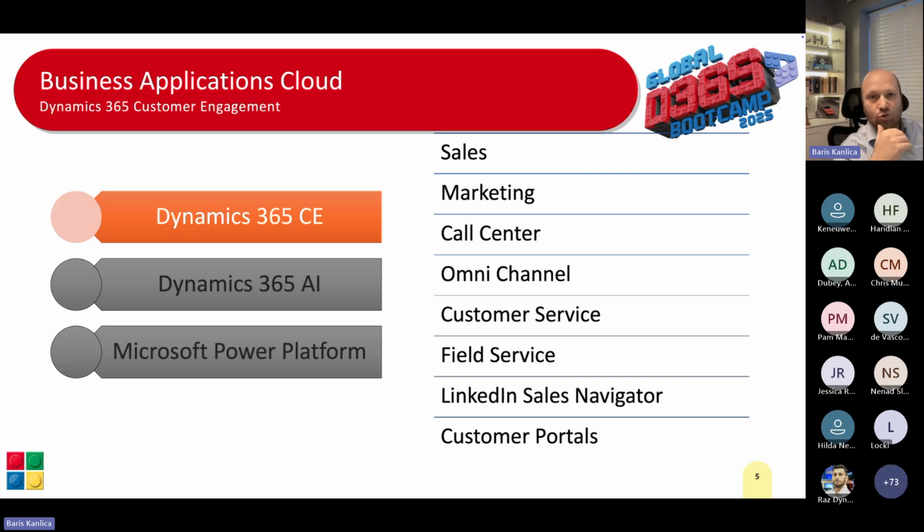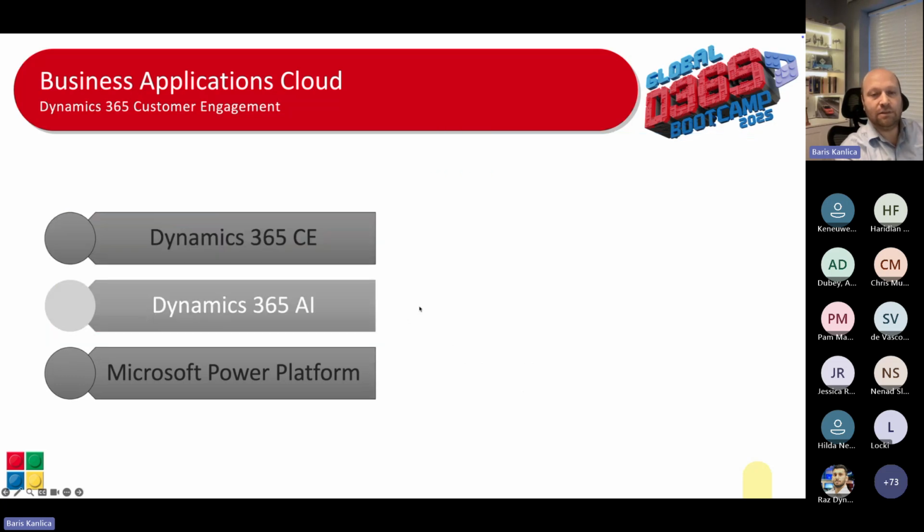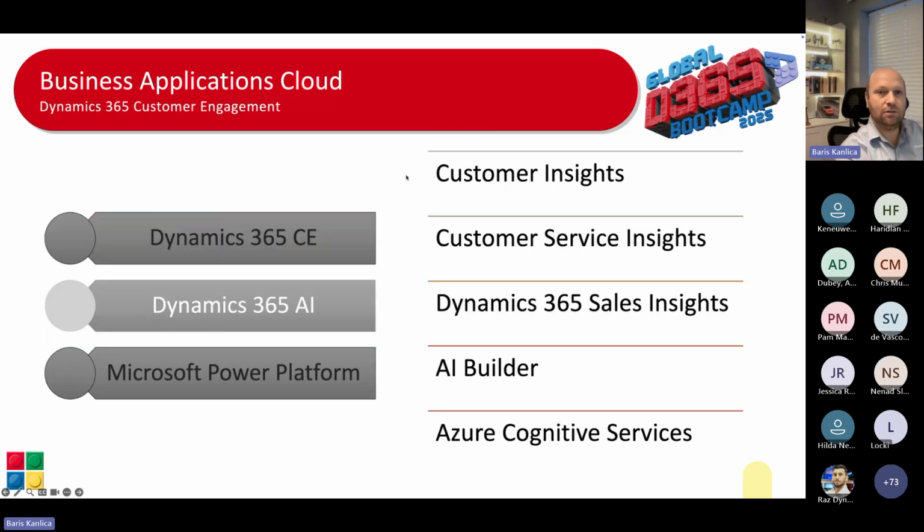The call center, omnichannel solutions, field service, and customer portals are also exciting and very important solutions of this ecosystem. Dynamics 365 AI is changing a little bit with Copilot. Currently, we don't have Service Insights and Sales Insights; these are changing with Copilot, as well as Customer Insights, which sits underneath the marketing solution.